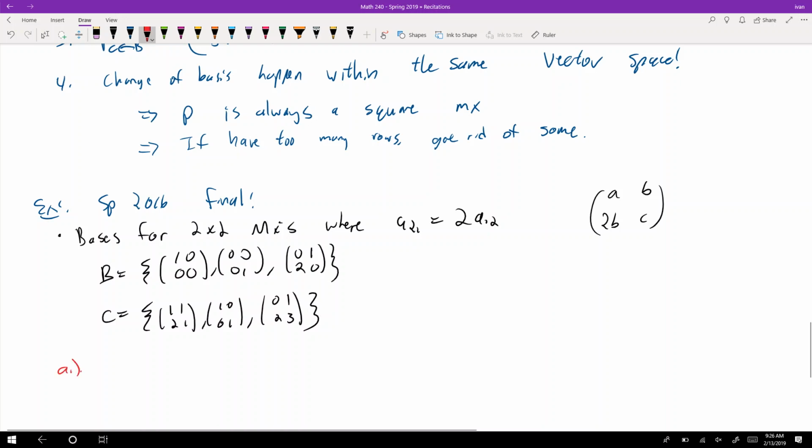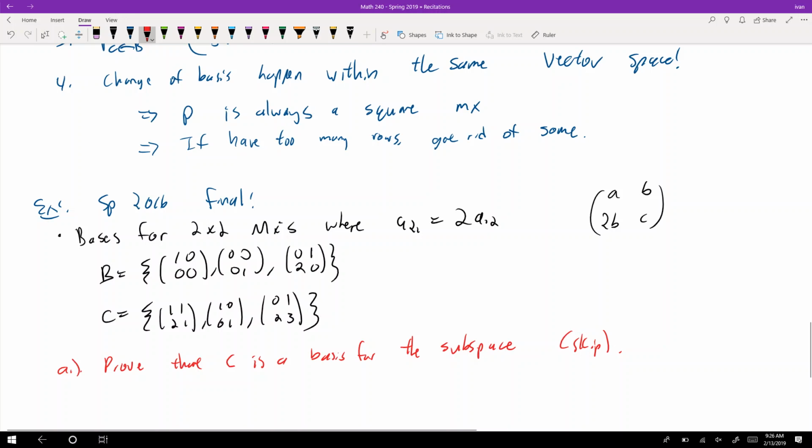All right, part A of the problem says prove that C is a basis for the subspace. But we're just going to skip this part. So this is some subspace of M2R.